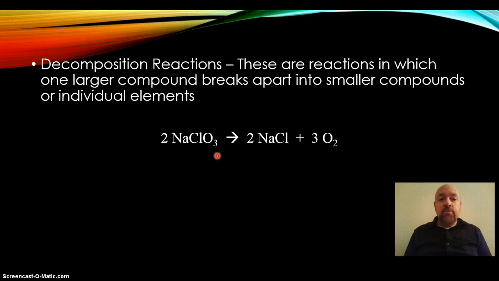Now, a lot of times with decomposition reactions, they're actually moving to some extent against the natural order of things. Not always, but with a lot of decomposition reactions, that's the case, because what you have over here in your reactants is usually a very stable compound. So in order to cause it to break down and to break those bonds, a lot of times you have to add energy to it.